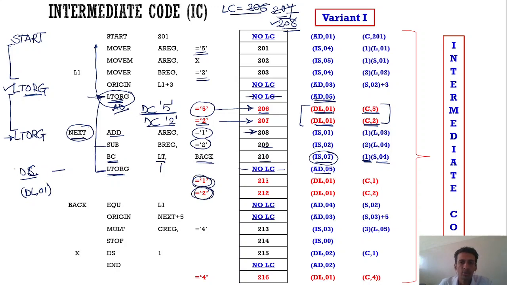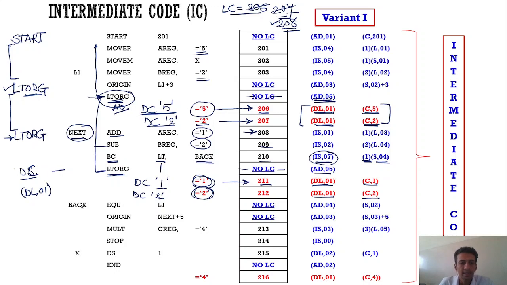My current LC is 211, so 1 will be given the address location 211. So considering this as DC 1, DC is DL comma 01, and this 1 is C comma 1. Next LC is 212, so again DC, considering it as DC statement 2, so this is going to be DL comma 01, C comma 2, representing the constant 2.